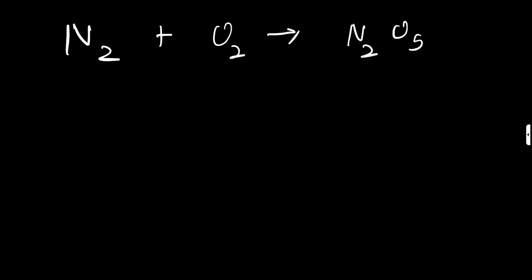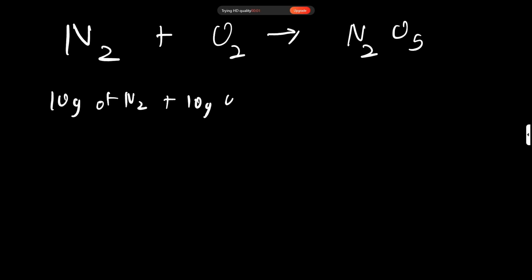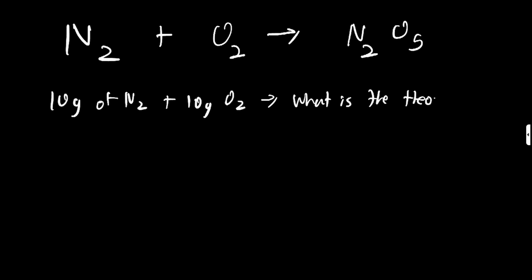In fact, the question I'm going to ask you is, let's say we had 10 grams of N2 reacted with 10 grams of O2. What is the theoretical yield of N2O5?